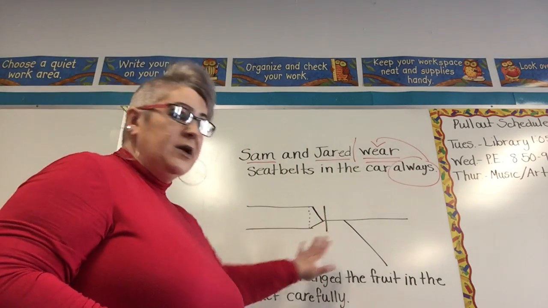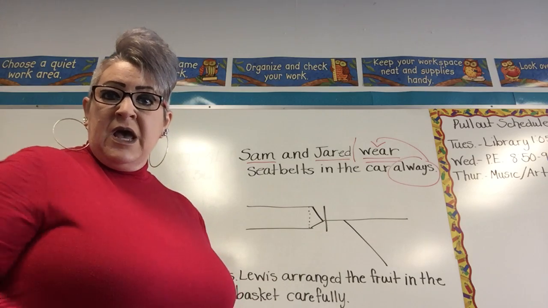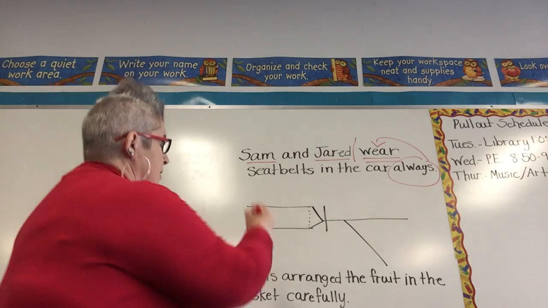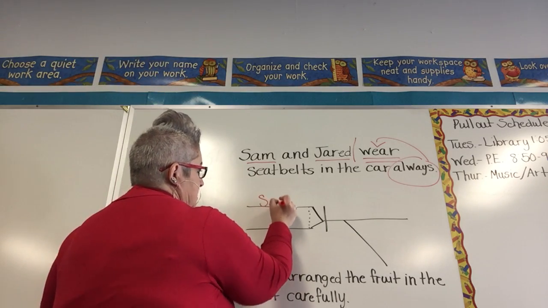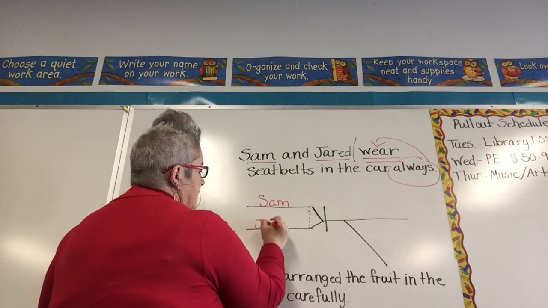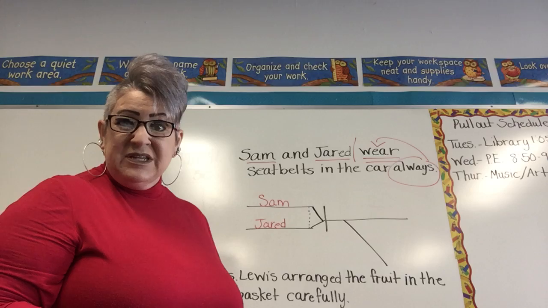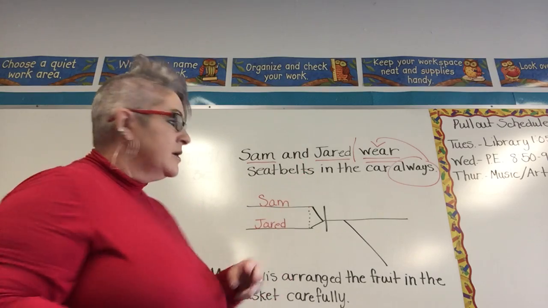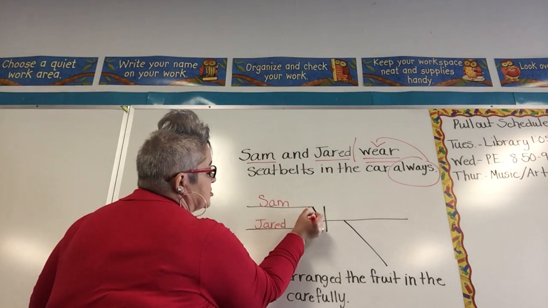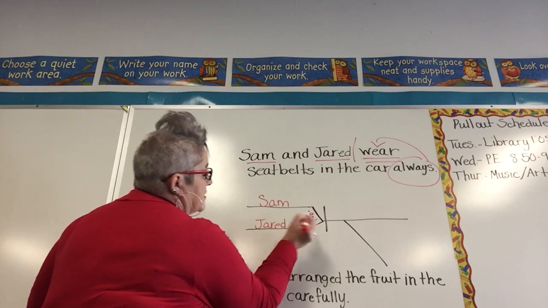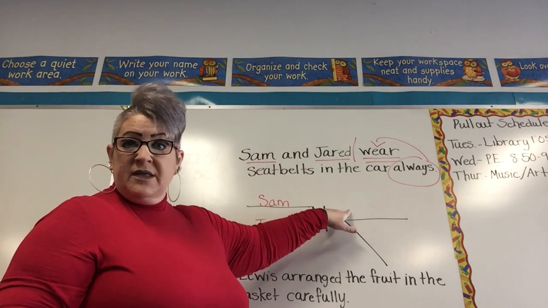Now I'm going to come down here and I'm going to diagram my sentence. Remember, the subjects go here. So Sam goes here, Jared goes on the bottom. And remember, our conjunction, and, or, but, that goes here. So my conjunction is and, that goes here. My verb goes on this line.